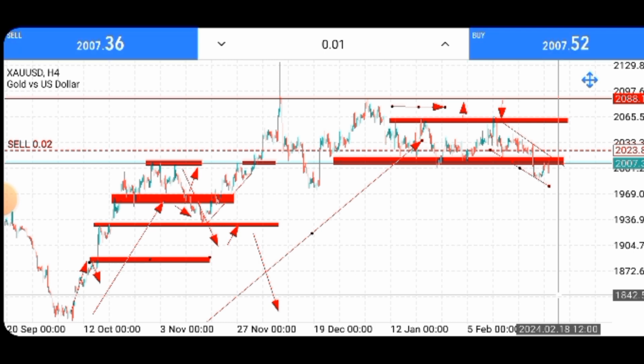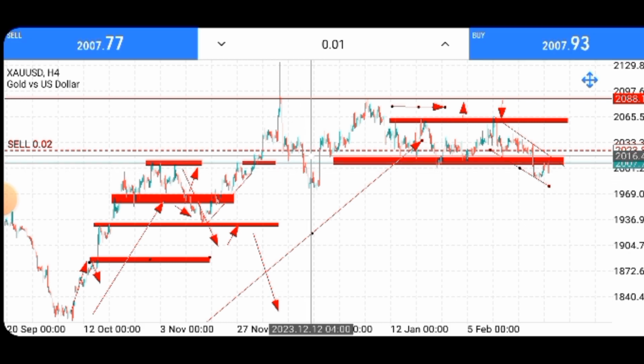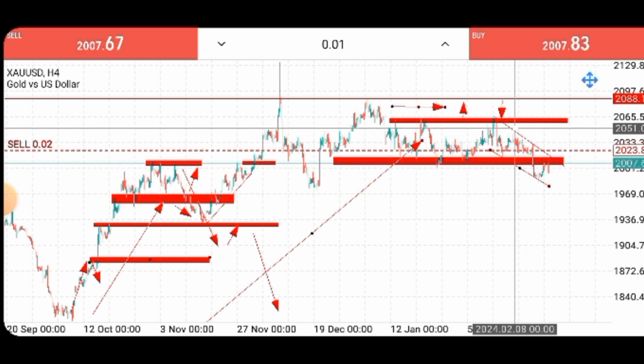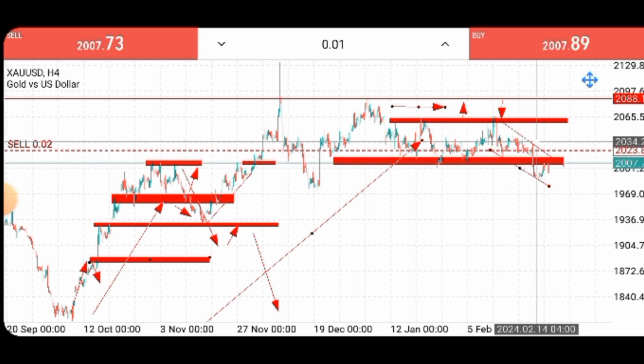That's what we call distribution. Profits are being distributed between sellers and buyers. So when profits have been distributed, the market tends to fall towards the downside.